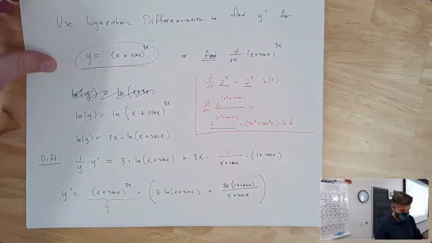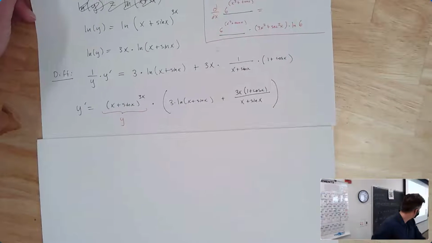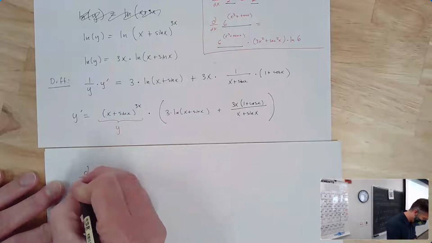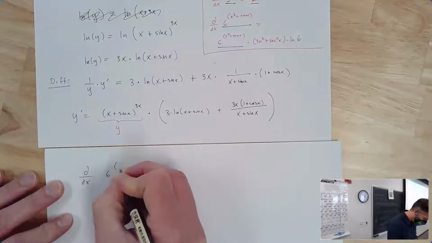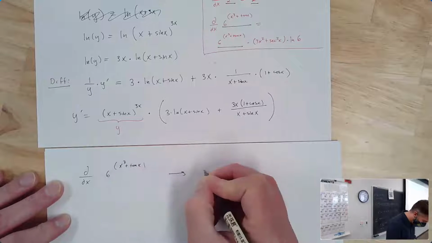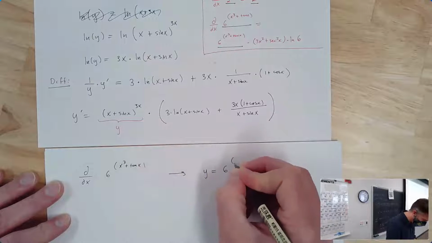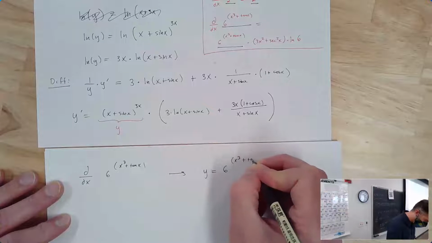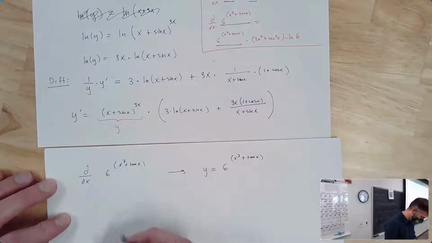So if you wanted to, for the derivative of 6 to the stuff, we could totally write it as y equal to 6 to the stuff. And then take the natural log of both sides.